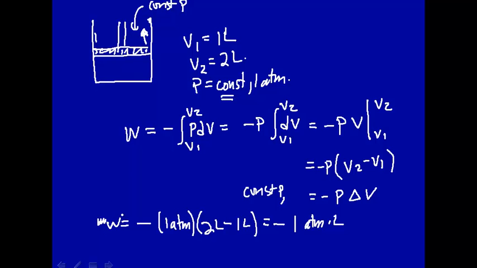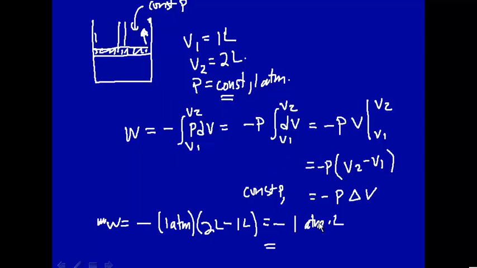Okay. Now this is a strange unit, but remember when we talked about intensive, extensive, natural variable pairs, we said that the units of pressure times volume are in fact units of energy. So let's convert this to a more common unit of energy. In fact, let's use the SI unit of energy, which is the joule.